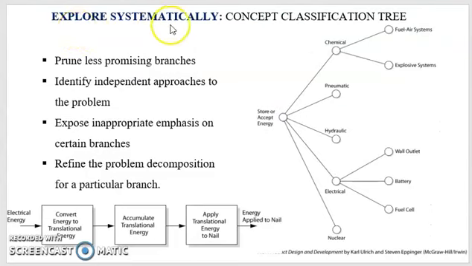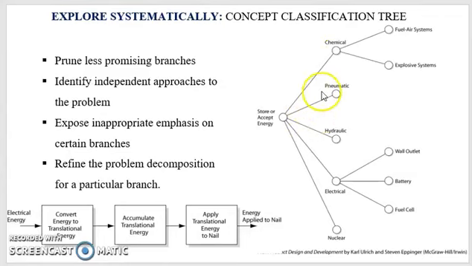Let us first understand what the concept classification tree is. The concept classification tree is used to divide all the possible solutions into distinct classes that will facilitate comparison and pruning. An example of a tree for the Nailer example is shown here.